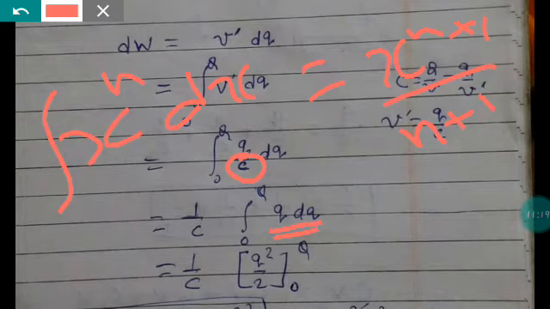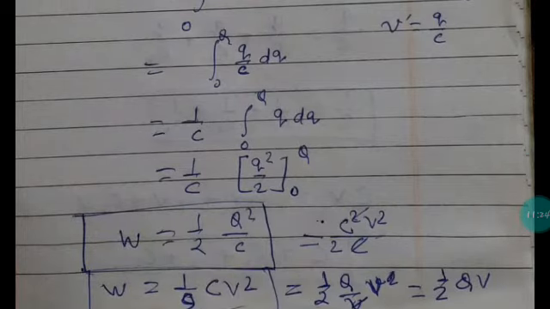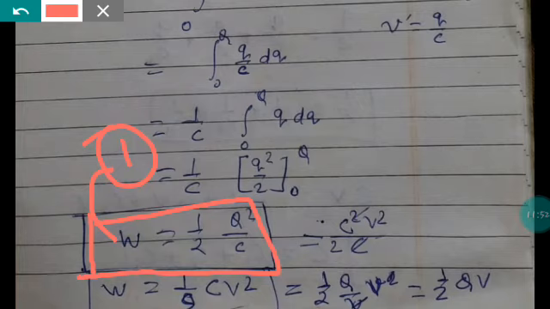Using this formula we will have q square by 2, as the power of q is 1, therefore 1 plus 1 is 2, and in the denominator 1 plus 1 is equal to 2. So 1 upon C, q square upon 2, from 0 to Q, and we will get the first formula of stored energy in the capacitor: W is equal to 1 by 2 Q square upon C.